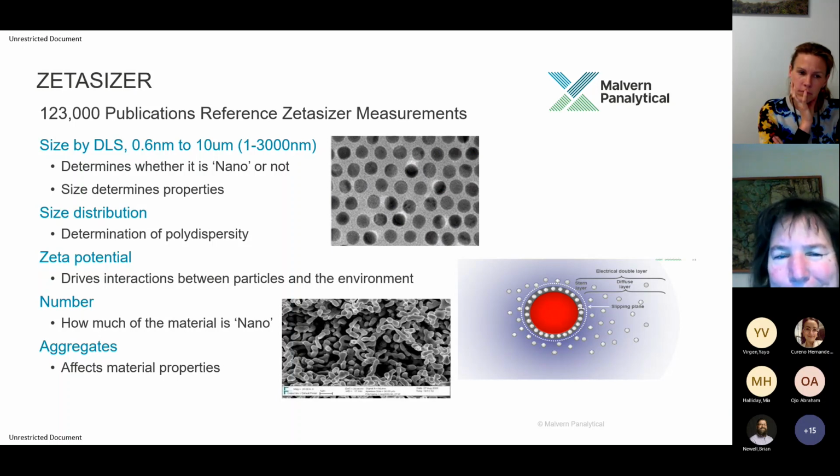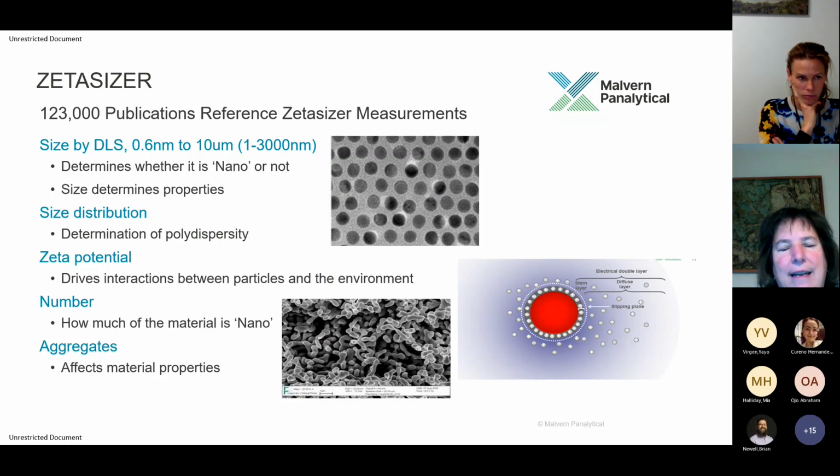It really determines whether a system is nano or not. It determines size properties, size distribution, the polydispersity of your samples, and zeta potential. Really, zeta potential drives the interactions between particles and the environment. So all of these characteristic tools are there and give you information about your system when you run a dynamic light scattering measurement or a zeta potential measurement.